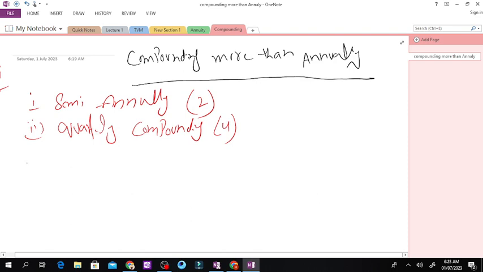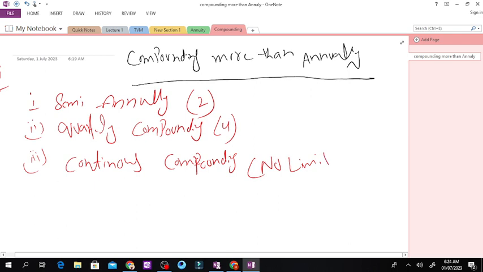And the third condition that may occur is continuous compounding. Continuous compounding means there is no limit on how many times we will receive interest.